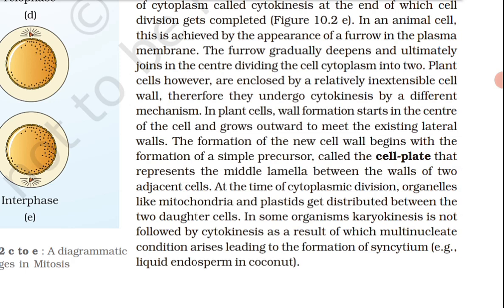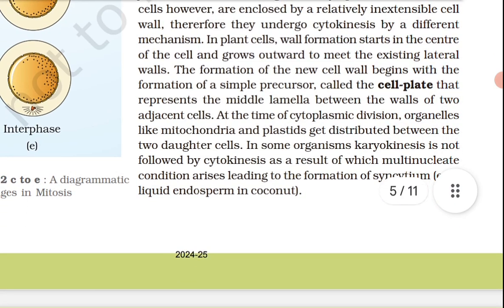This kind of division is called meiosis. Meiosis ensures the production of haploid phases in the life cycle of sexually reproducing organisms, whereas fertilization restores the diploid phase.